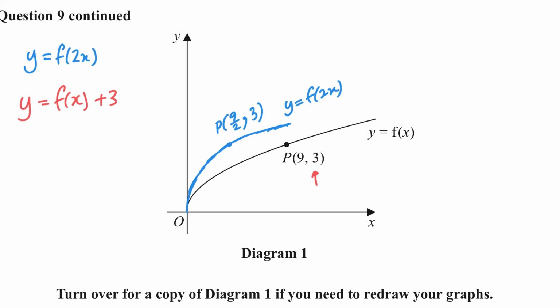Actually, maybe go a bit fainter than that, just to help you. There we are, there's my little faint line. And then what I can do is copy the original graph from this point. So something like this.